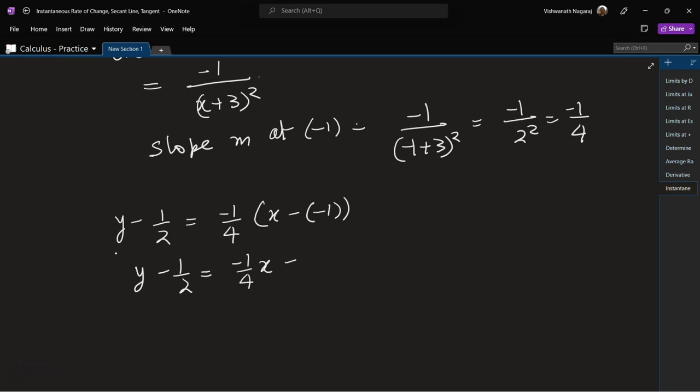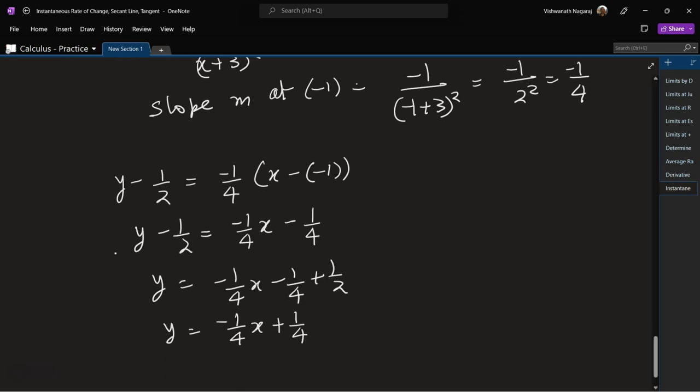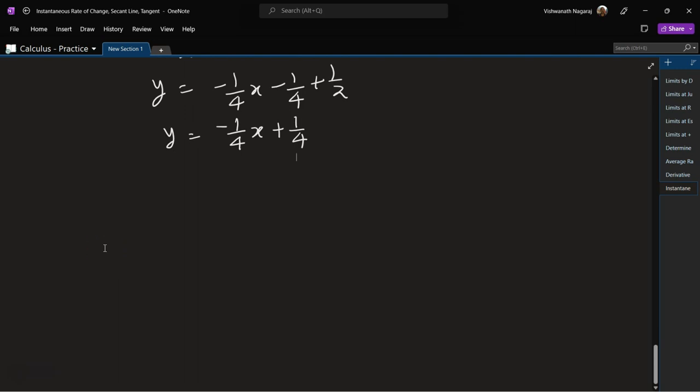Minus times minus is plus, so minus 1 by 4x minus 1 by 4. y is equal to minus 1 by 4x minus 1 by 4 plus 1 by 2. So y is equal to minus 1 by 4x. Half minus quarter is quarter. So plus 1 by 4. So this is the equation of the tangent line at that given point on the curve.